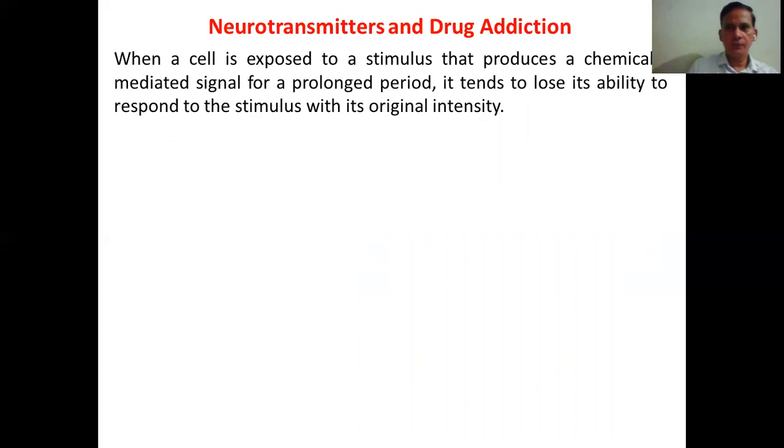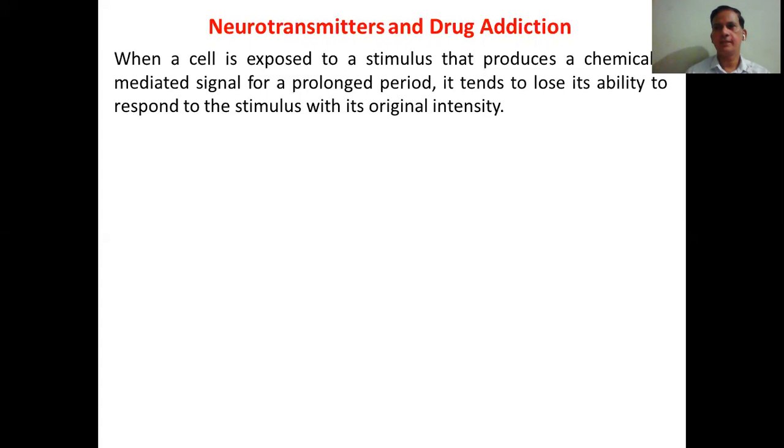Okay, so let's move to another topic, which is called neurotransmitters and drug addiction. When a cell is exposed to a stimulus that produces a chemically mediated signal for a prolonged period, it tends to lose its ability to respond to the stimulus with its original intensity.